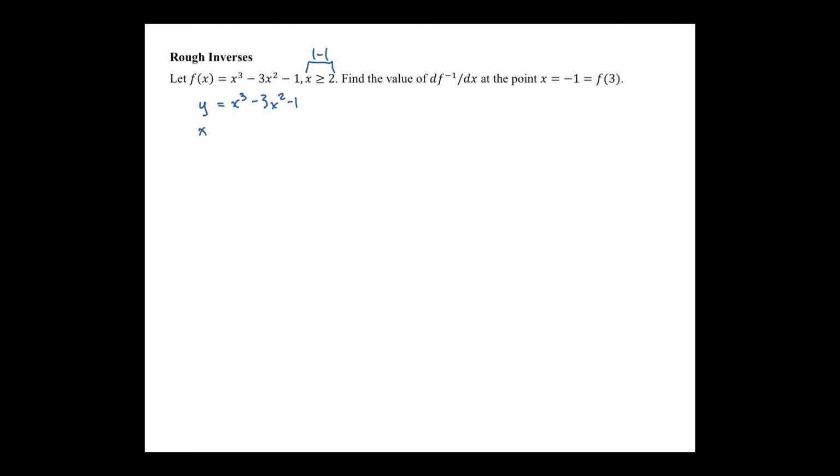Well, if you were to exchange x and y and then try to solve this for y, it would be really quite difficult. So in this case, you wouldn't be able to do it, you wouldn't be able to verify directly. But look what we're asked to go and do. We're asked to go ahead and find the derivative of the inverse at x equals -1.